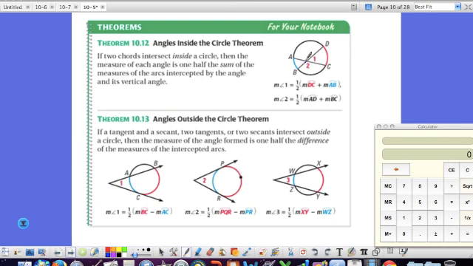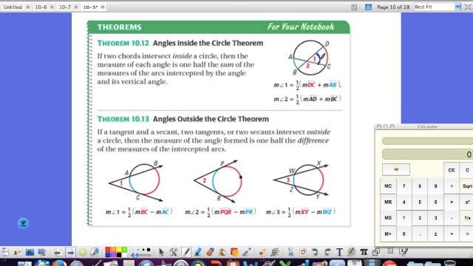So if two chords intersect inside a circle, then the measure of each angle is 1/2 of the sum of the measures of the arcs they intersect. So I would take the measure of arc DC and AB, and I would add them together and take 1/2 of that.